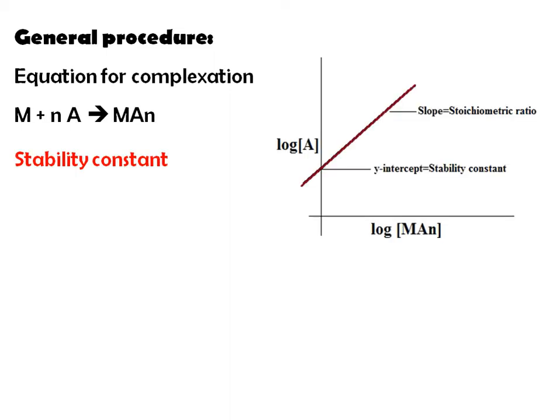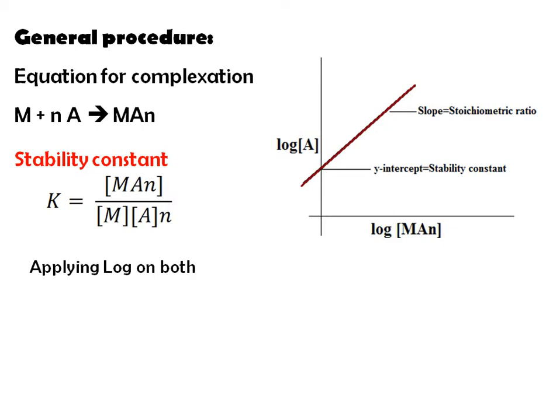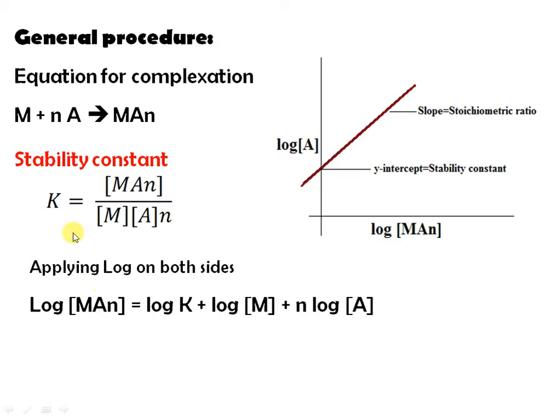Then the stability constant of this complex will be K is equal to MAN, your product, divided by your reactants. So M and A are reactants here, and MAN is nothing but the product of this reaction. So the stability constant is nothing but the ratio of product to reactant.